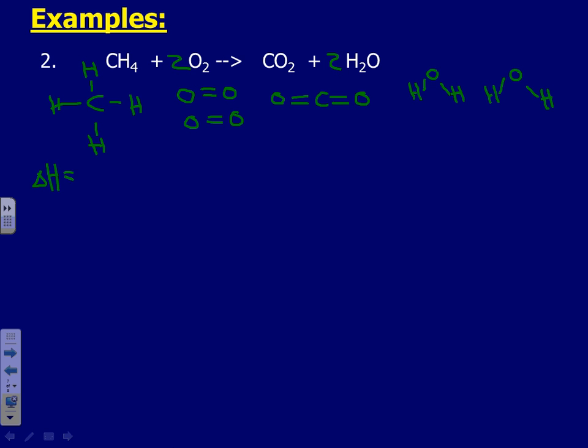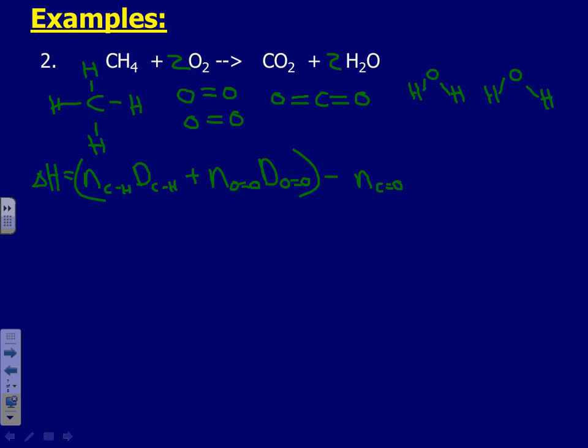Delta H is going to be the number of CH bonds times the CH bond energy plus the number of O double bond O times the bond energy for O double bond O minus the number of C double bond O. Be careful.